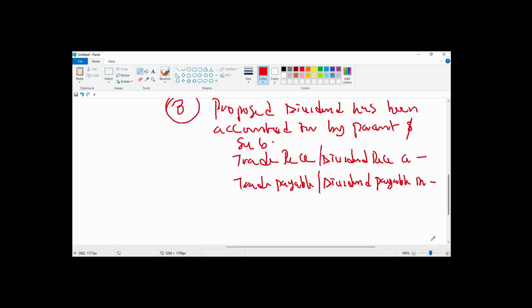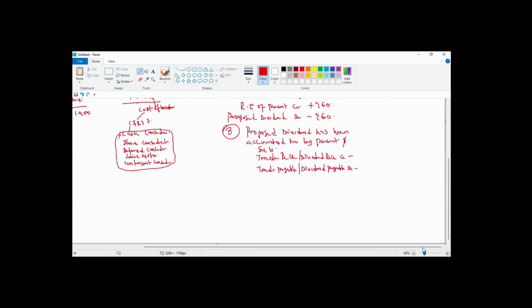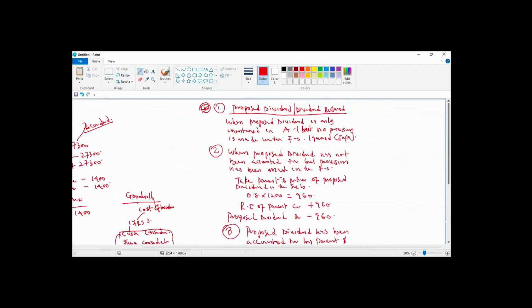Anytime you see a proposed dividend, ask yourself, these are the three ways it can be tested. Which one does the question give us? The second one. It said it has not been accounted for.